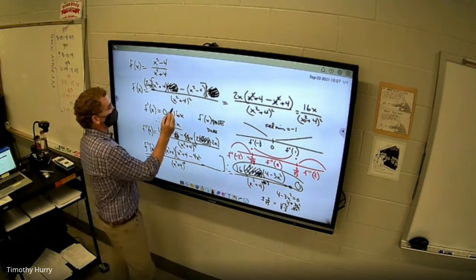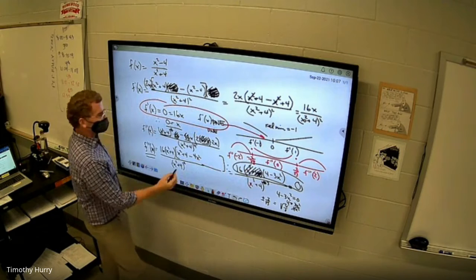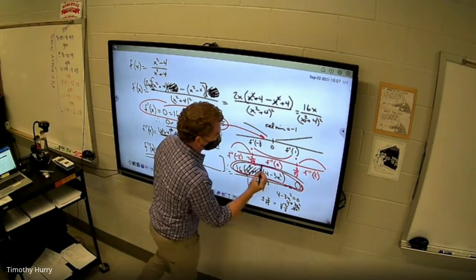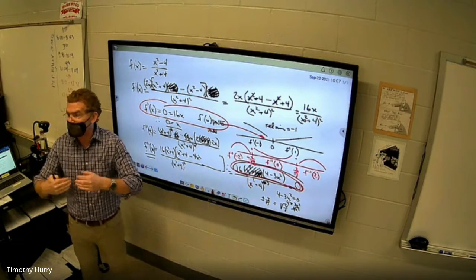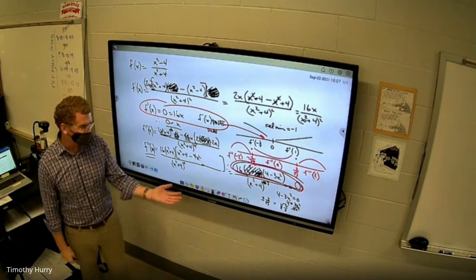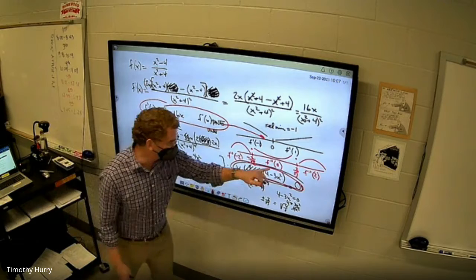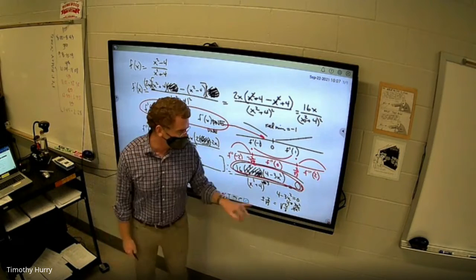You're looking at first derivative to find critical numbers. You're looking at second derivative right here to find inflection points. When you write them on your test, make sure inflection points are actually points, which are annoying because these are really ugly values, but I try to avoid that stuff. So if I plug that back in for x, what do I get when I square it?